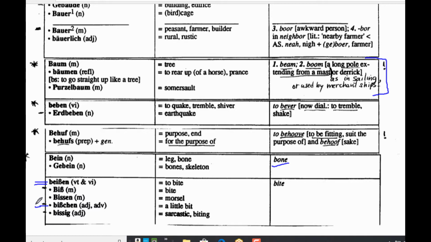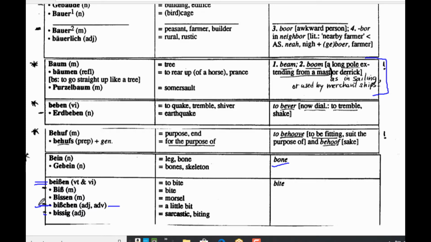So bisschen is a very, very common word, and obviously related to bison a little bit. So you could say, Ich möchte ein bisschen Kaffee. I want a small amount of coffee, or ein bisschen essen, a little bit to eat. And then bissig is sarcastic, so I marked that also.